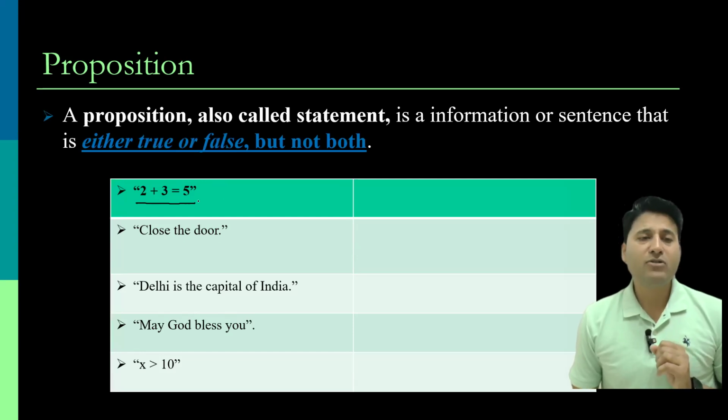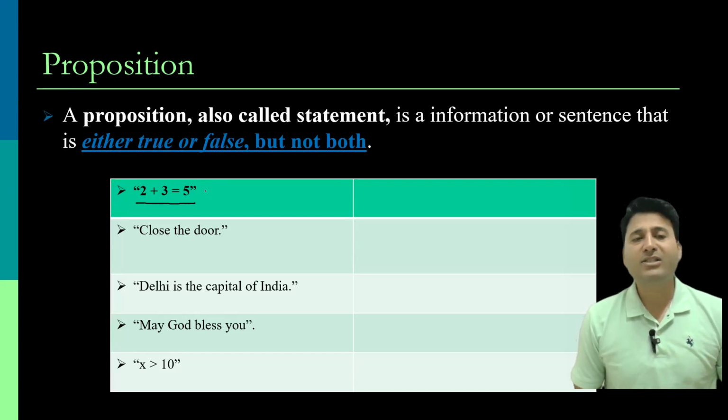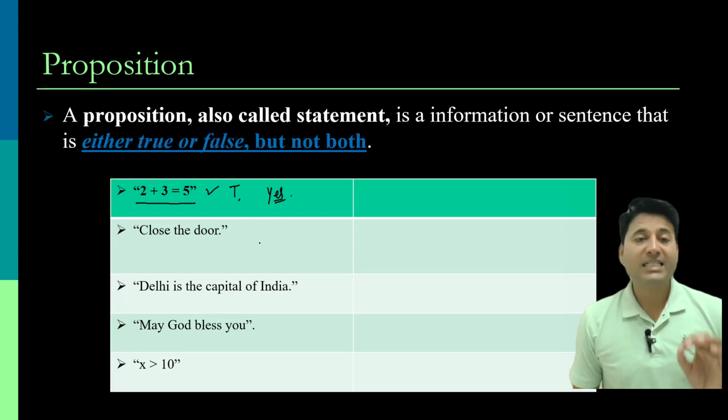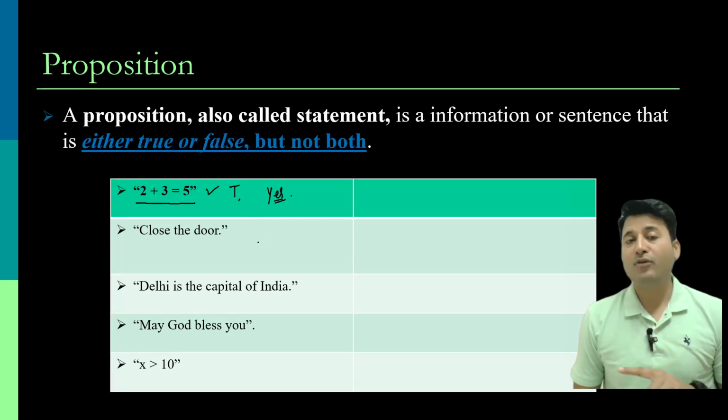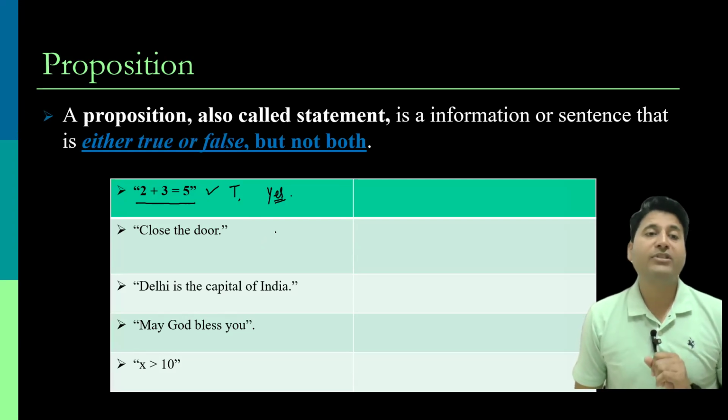It is a mathematical equation and we know that it is true. So yes, this is a proposition. Information which is classified as either true or false, not both, is called a proposition.